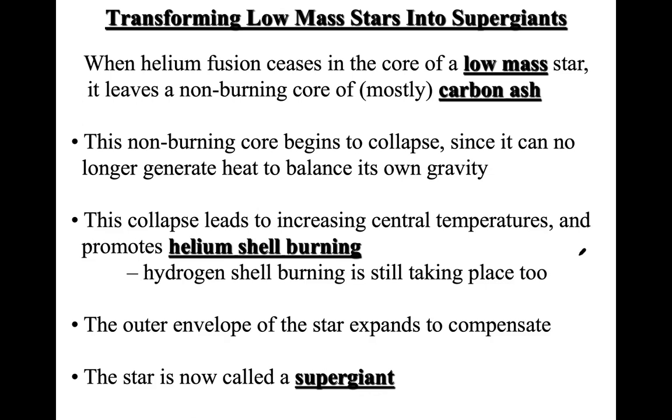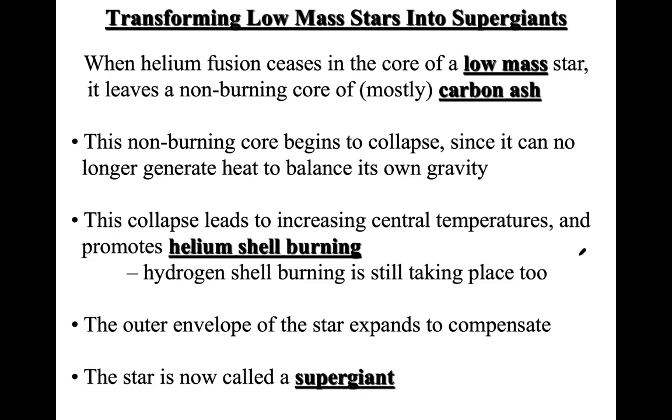So gravity will start to contract the star, and this collapse leads to increased central temperature and promotes helium shell burning, right? If you remember, there is a core at the center with this carbon ash, and outside the carbon ash, there is a helium shell. You can go back to our lectures and look at that. This helium shell will start to burn when the central temperature increases.